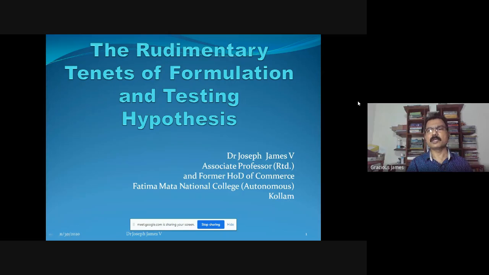He has more than 28 years of teaching and research experience. He has published 3 books and 29 research articles in various journals. He is a recognized research guide of the University of Kerala. He has produced 2 PhDs and 5 other scholars are doing research for PhD degree under his guidance. He is a sincere academician and a researcher.